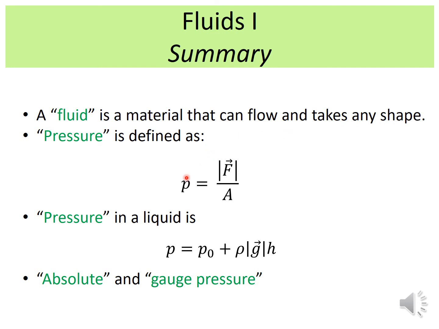We defined pressure as the magnitude of the force vector applied to a particular area, and we have seen that the pressure in a liquid at a particular depth equals the atmospheric pressure outside of the water tank, and then you have to add rho times G times the depth in the water of the object where you're looking for the pressure.